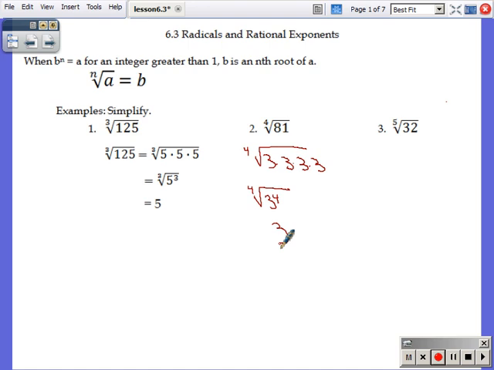For number 3, the fifth root of 32. So again, you're asking yourself, what number to the fifth power, so that the root will match the exponent, equals 32? So what number can we multiply by itself 5 times and get 32? It is 2. And realize, the smaller the number is underneath, then the smaller we would have to have that base be.